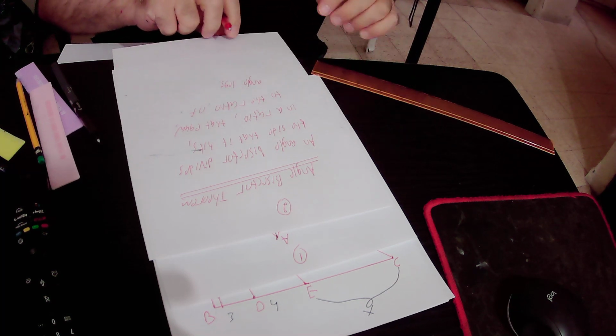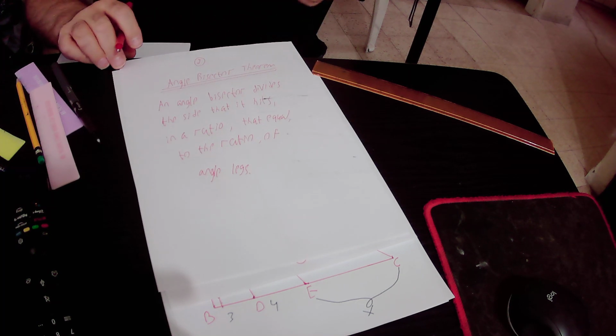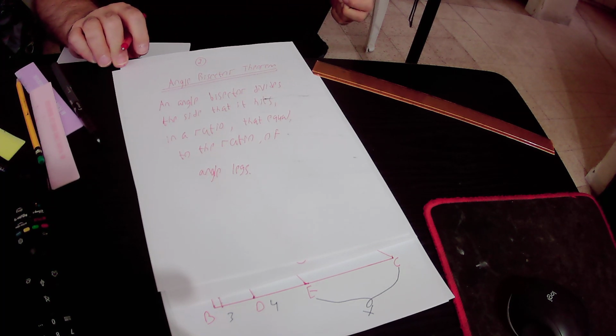I will read the angle bisector theorem again. The angle bisector theorem states that an angle bisector divides the side that it hits in a ratio that equals the ratio of the angle legs.